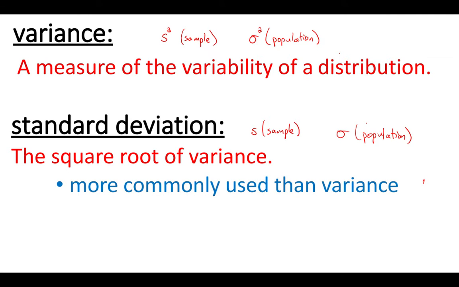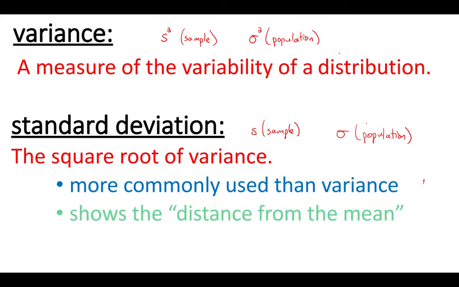Standard deviation is the more commonly used measure, more so than variance. I'm going to have you identify both, but as you'll see later on in this section, standard deviation is the one that's commonly used. It's a smaller number that is more meaningful, and we're going to talk about a lot of the practical uses of standard deviation as we progress. You can think of this as showing the distance from the mean.